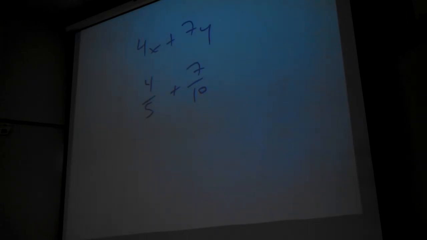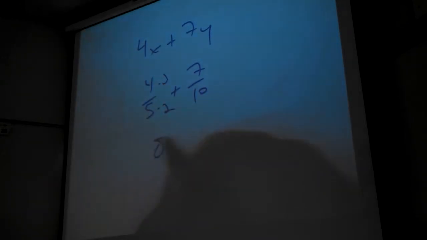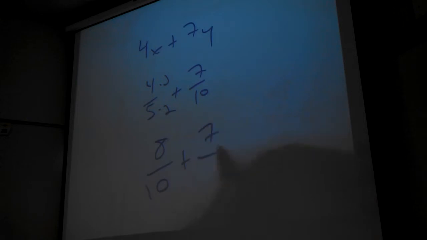So if you make them both over 10, now you've made them like terms. So if I multiply by 2, I get 8/10 plus 7/10 is 15/10, right? Not 15/20, not 15/100s, do weird stuff like that. So that's why I need LCD, because it's just like terms, exact same thing.